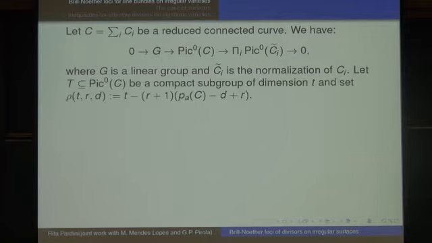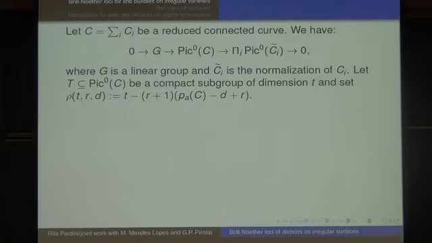And then the key observation here, which is a very simple one, is that it's not useful for us to work with the whole Picard group, which is not compact. But it is enough for us to understand what happens on a compact subgroup. That, in our case, will be Pic zero of the surface we are considering.